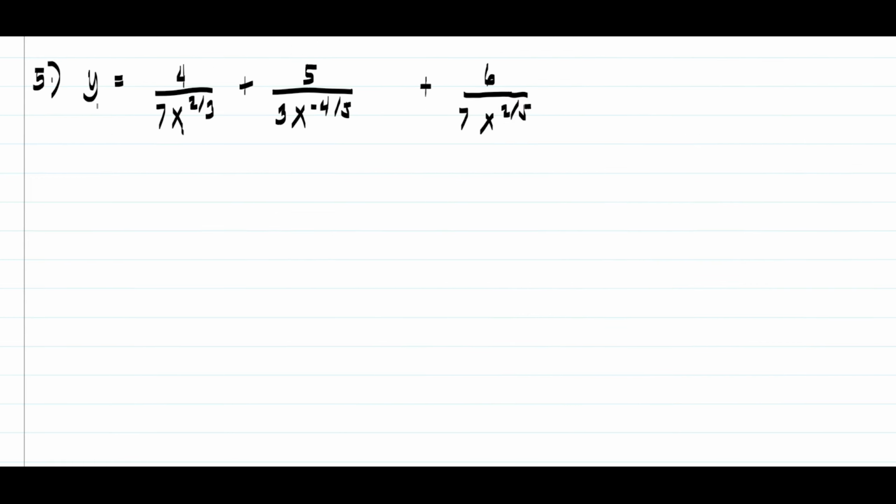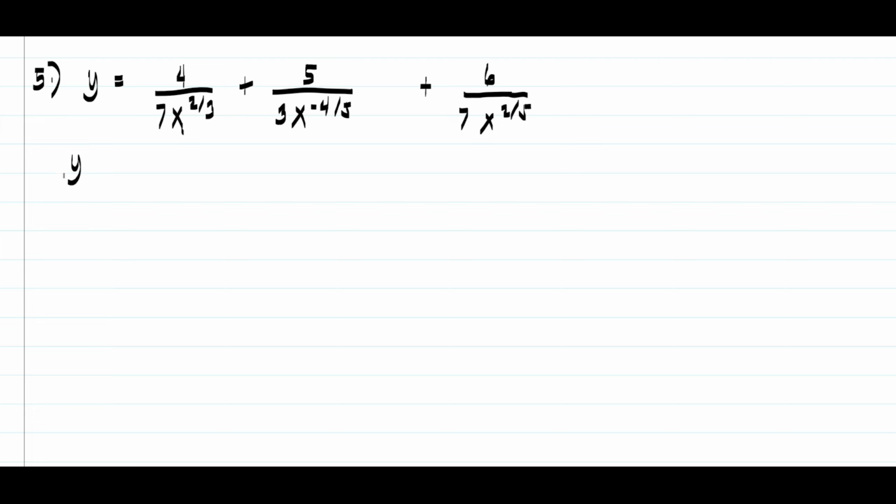On example number 5, we have y equals 4 over 7 x raised to 2 thirds plus 5 over 3 x raised to negative 4 over 5 plus 6 over 7 x raised to 2 over 5. So in order for us to simplify this one, let us move the variable x into the numerator.